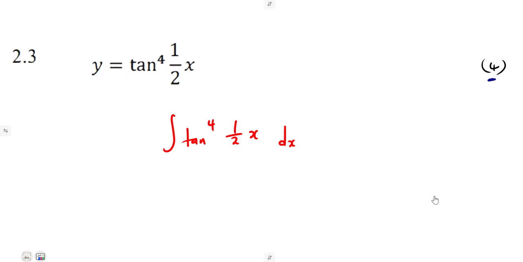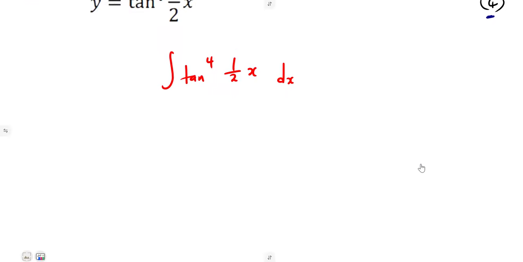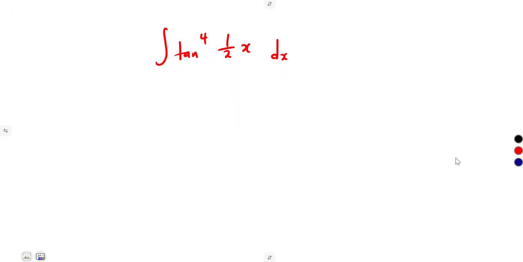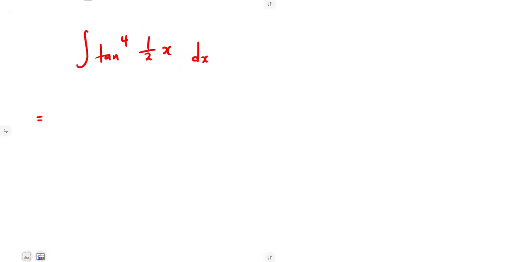As we can see, we have got a trigonometric function, tan. In our integrals, remember when we consider tan, we have the integral of tan to the exponent of n of ax.